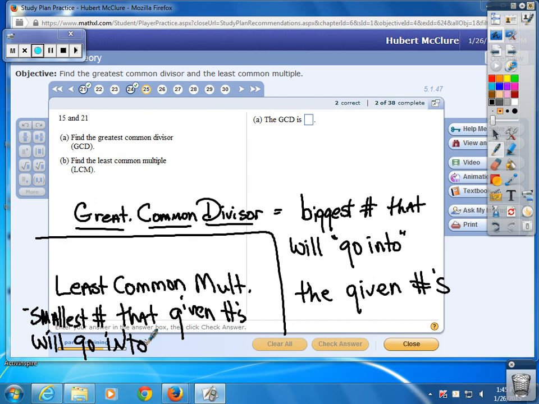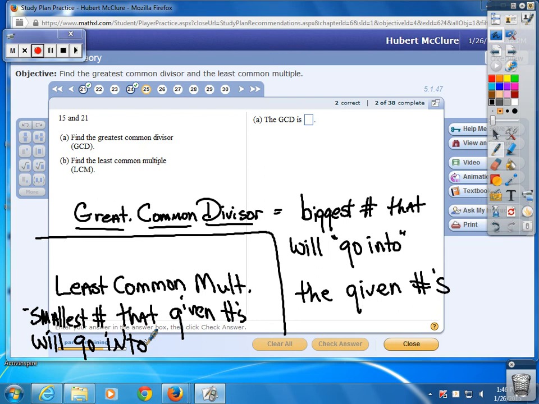The least common multiple is the smallest number that both 15 and 21 will go into. Now that's going to be a bigger number. It's going to be way bigger than 21, because some people try to multiply them together and that doesn't work, because that will give you a big number, and that big number will cause you a problem when you're trying to convert the numerator, and it makes the math much more difficult. So don't do that.